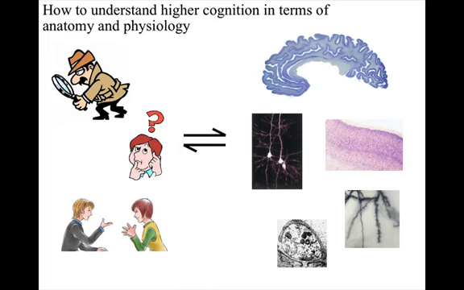In other words, take any cognitive task, even very specific tasks, and describe how that task is performed in terms of more detailed anatomical and physiological processes.